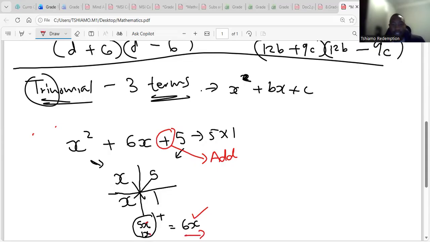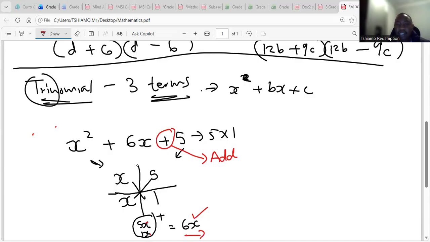So basically here, in this case, what are we saying?